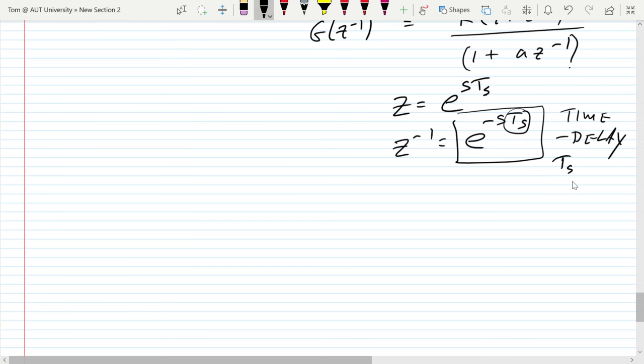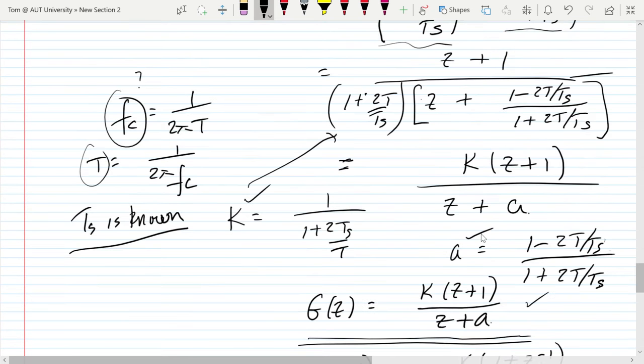Now Ts is the sampling interval, which is really nice. In other words, it's just like one sampling interval. So z to the minus 1 can be interpreted here as a one-step time delay of one sample.